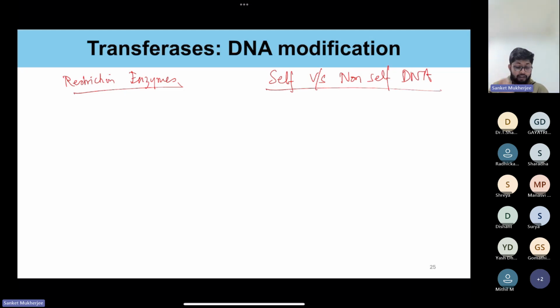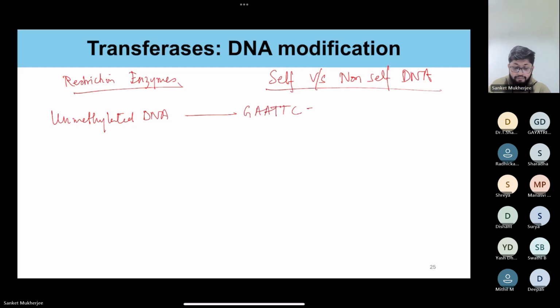For example, usually the DNA that is present with us is methylated. So DNA of an organism is usually methylated. And the DNA of a pathogen, let's say a virus, is not methylated. They do not have such machineries. They do not have DNA methyl transferases. So they are unmethylated. So the concept is unmethylated DNAs. Let's say this is how it is, with a particular sequence, and its complementary sequence as well.